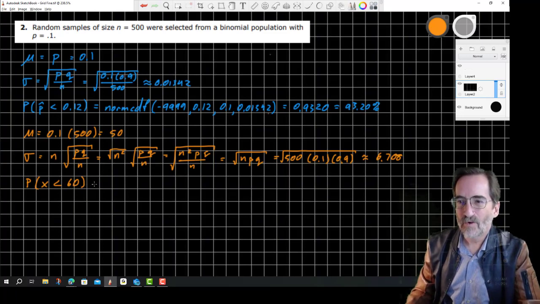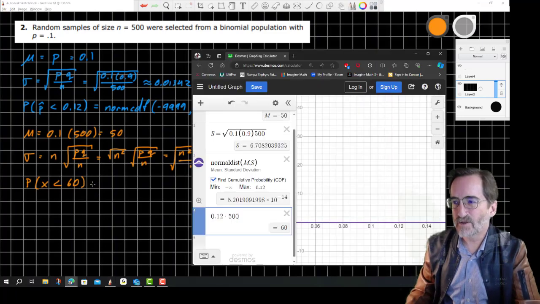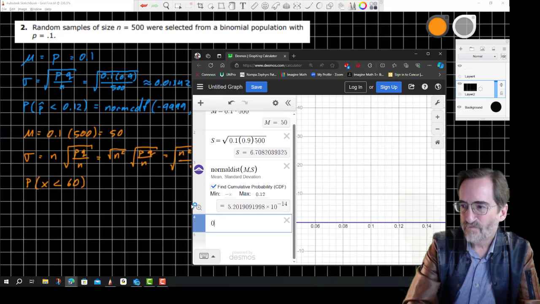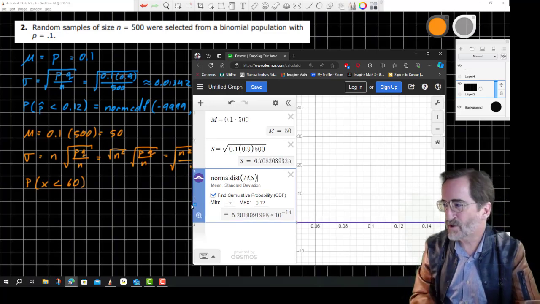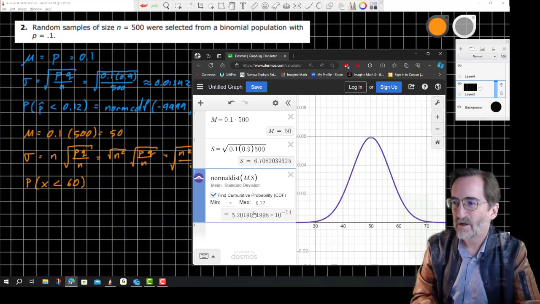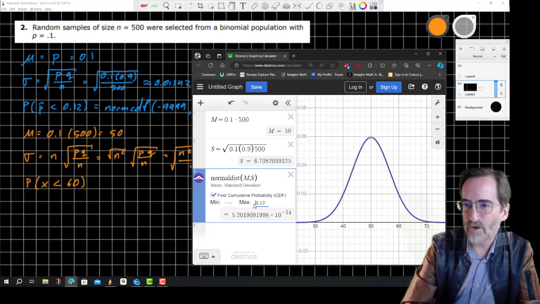Okay, and I want to run this just like this here without any correction. But I want you to notice here that the scale is changed, so we have to recenter our picture, and notice now the mean is 50 and the standard deviation is about 7, right? 7 to the right, 7 to the left encompasses 68%, right? And instead of a max of 0.12 now, we're going to put in a max of 60.